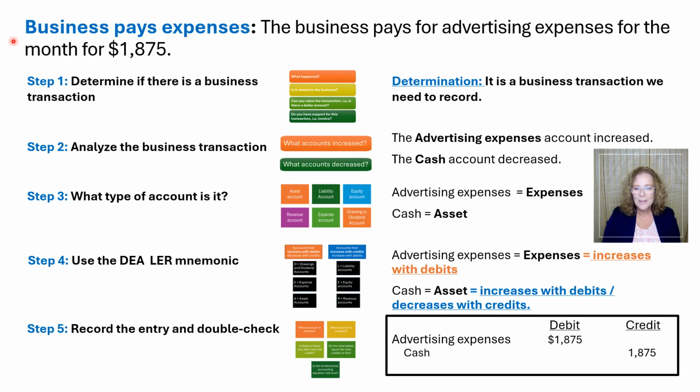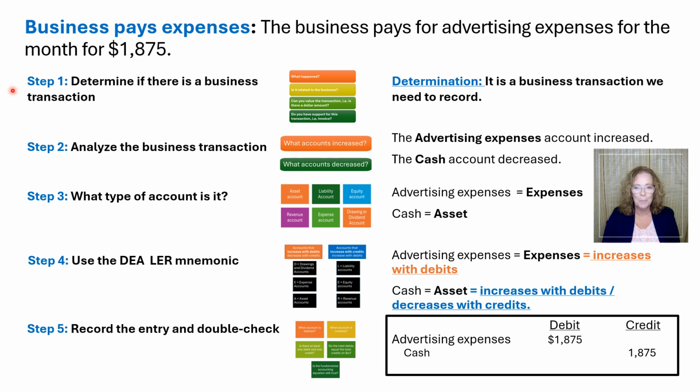In this next transaction, the business pays for advertising expenses for the month for $1,875. So step 1, is this a business transaction we need to record? What happened? The business pays for expenses for the same month. Is it related to the business? Yes. Can you value the transaction?